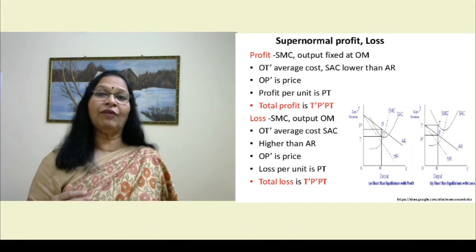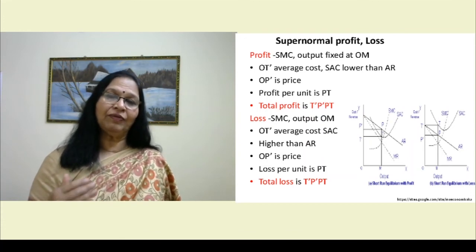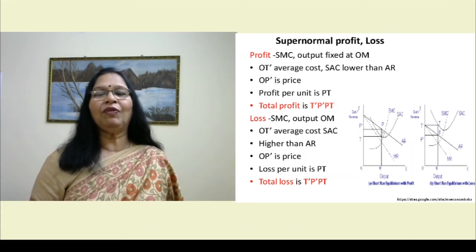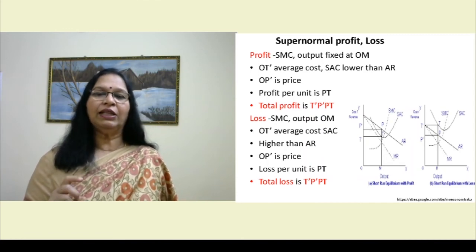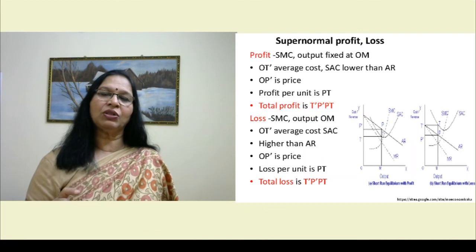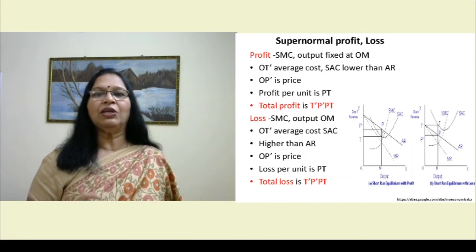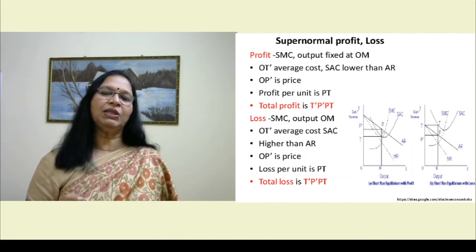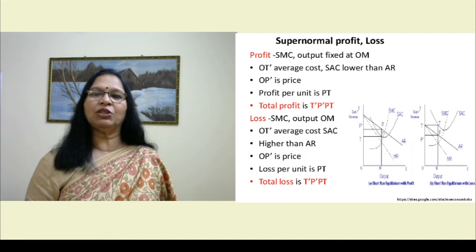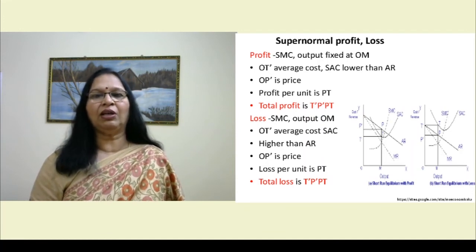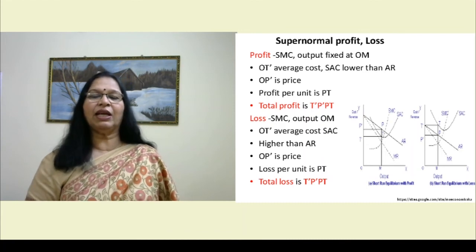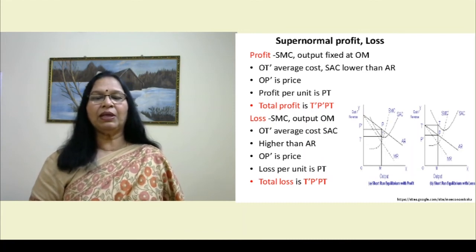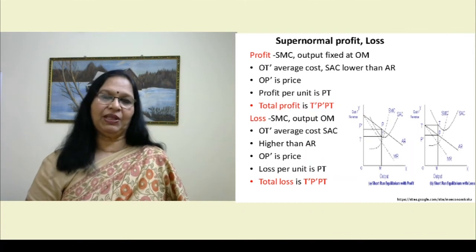Once the average cost curve is above the average revenue curve, which is also the price, we find the difference between the price and the cost, and that is the loss per unit. Once we know the loss per unit, we can find out the total loss that the firm is undergoing. So the total loss in this particular diagram, again for the second diagram, is T dash, P dash, P and T.